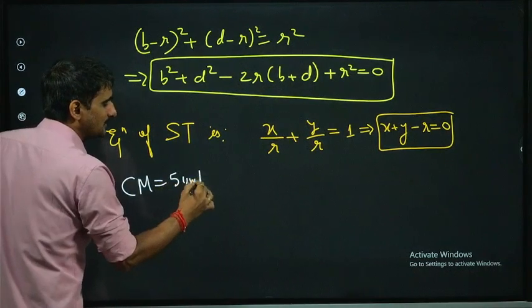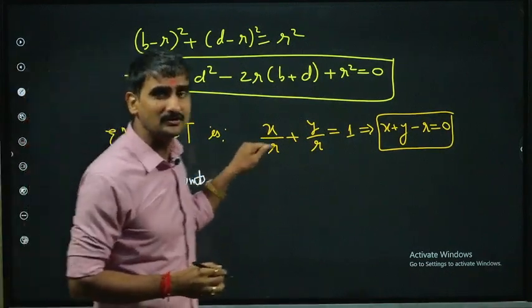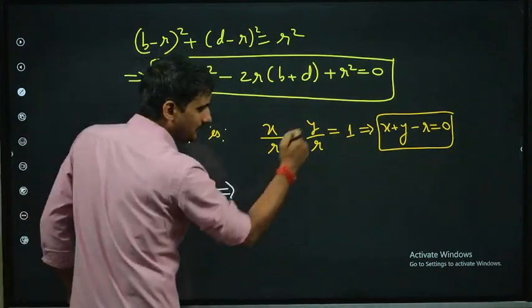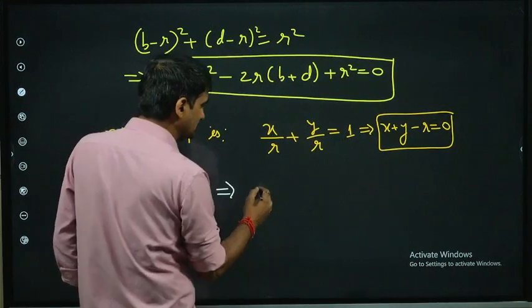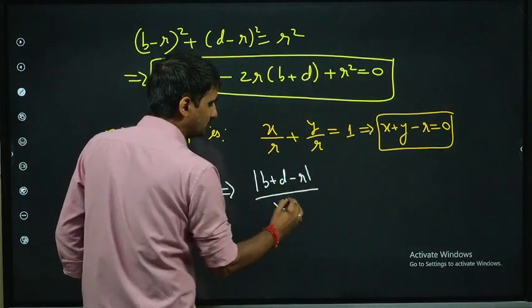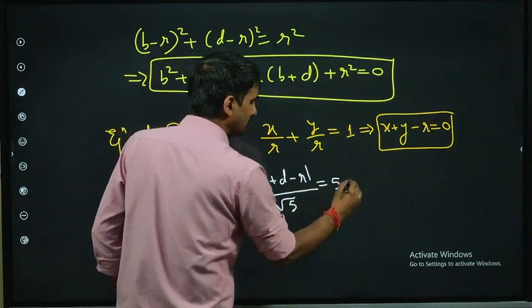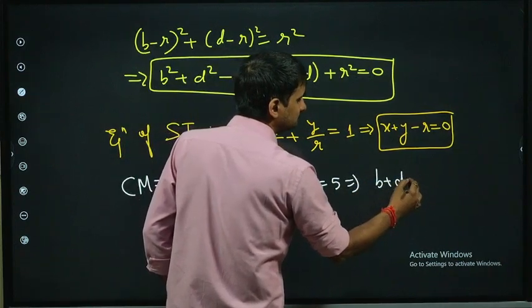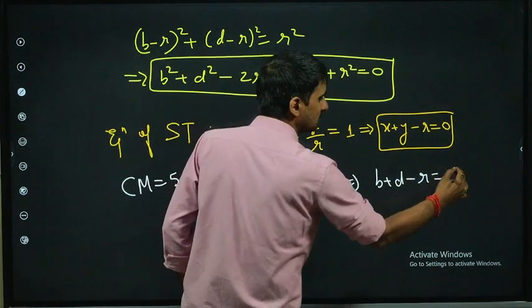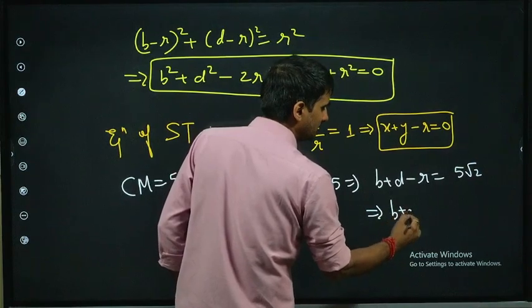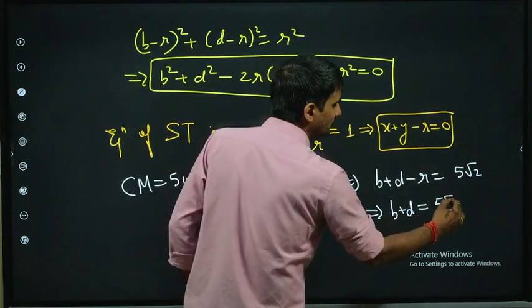So it is the perpendicular distance of this line from the vertex C. Vertex C is (B, D). So mod of (B plus D minus r) by root 2 is equal to 5. From here I can say that B plus D minus r is 5 root 2, and so B plus D is 5 root 2 plus r.